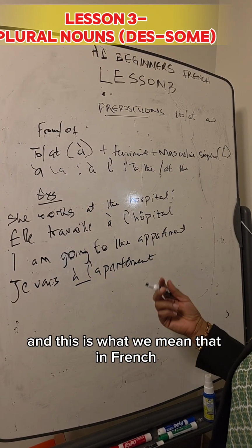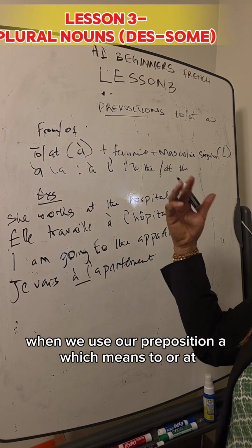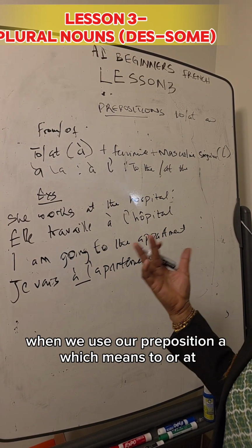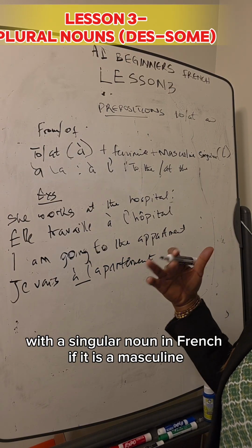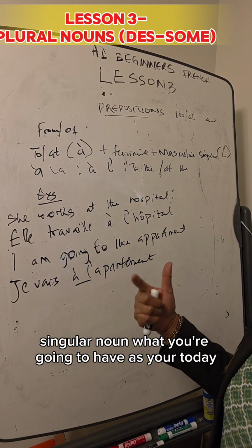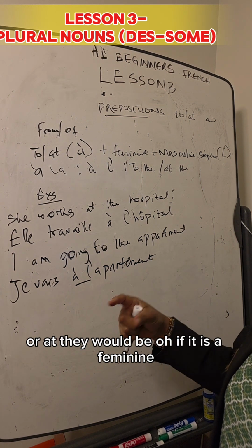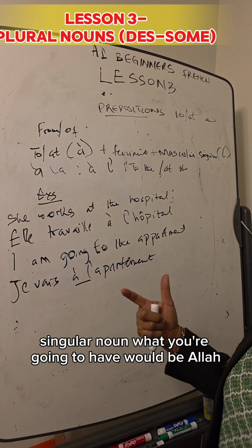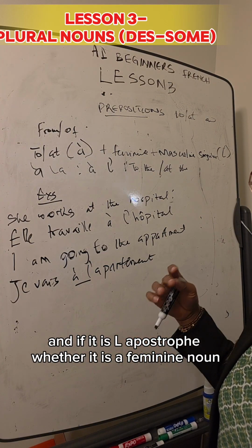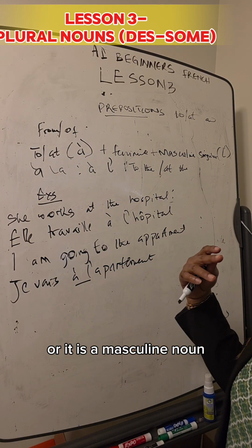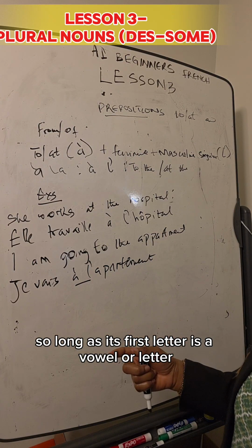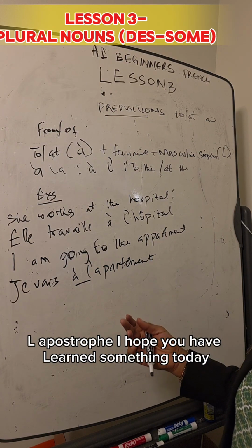And this is what we mean that in French, when we use our preposition à, which means to or at, with a singular noun in French, if it is a masculine singular noun, what you're going to have as your to the or at the would be au. If it is a feminine singular noun, what you're going to have would be à la. And if it is L apostrophe, whether it is a feminine noun or it is a masculine noun, so long as its first letter is a vowel or letter H, it's going to be à l'apostrophe.